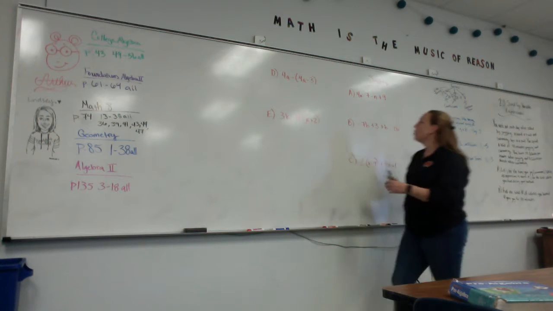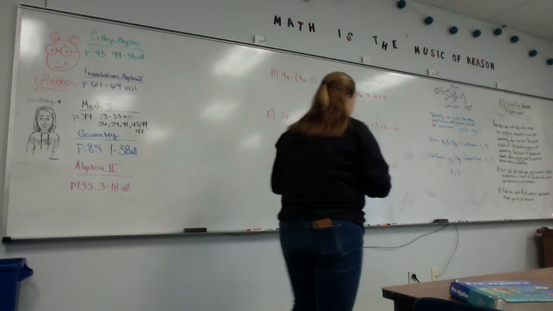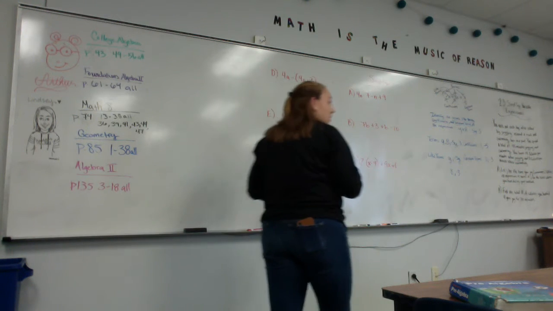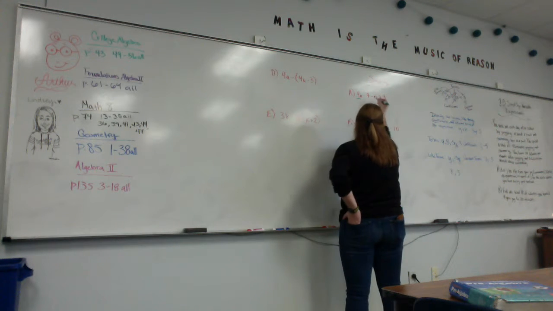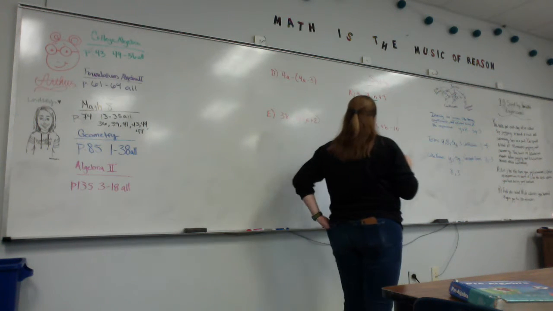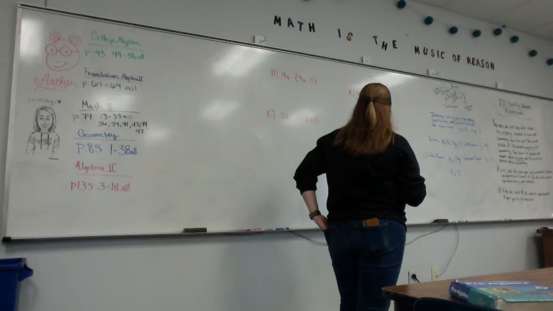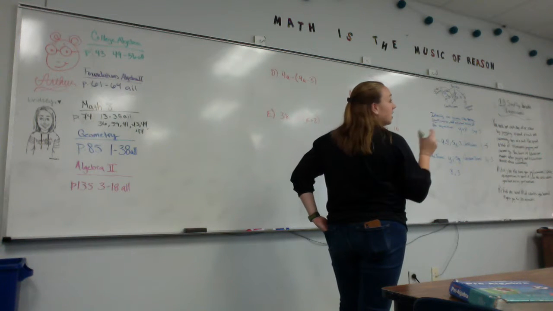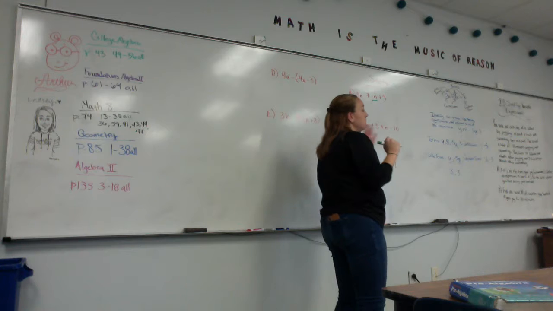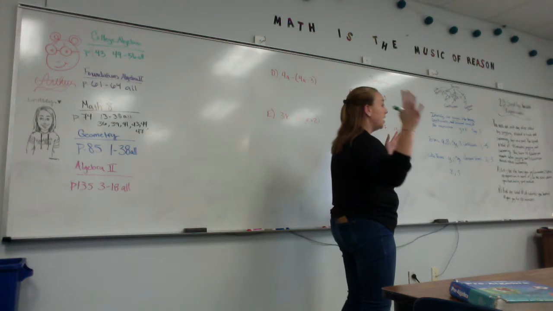How do I simplify this? You get all the like terms together. I have 4n and negative n that are like terms, so what does that give me? I have a positive 4n and I have a negative n.